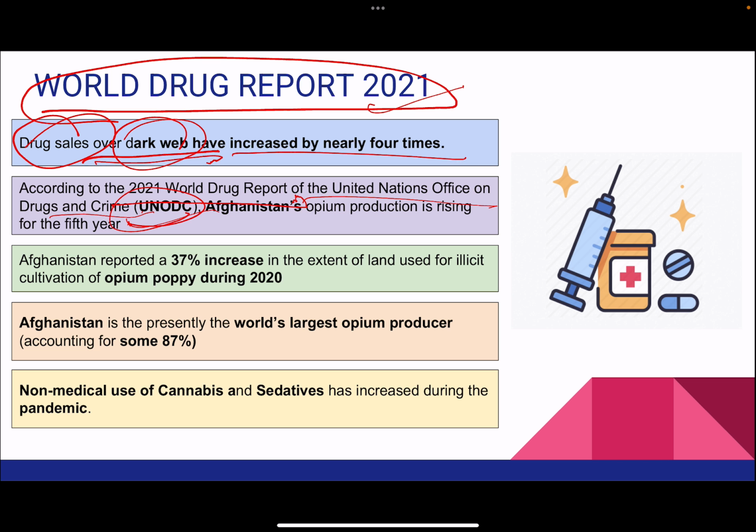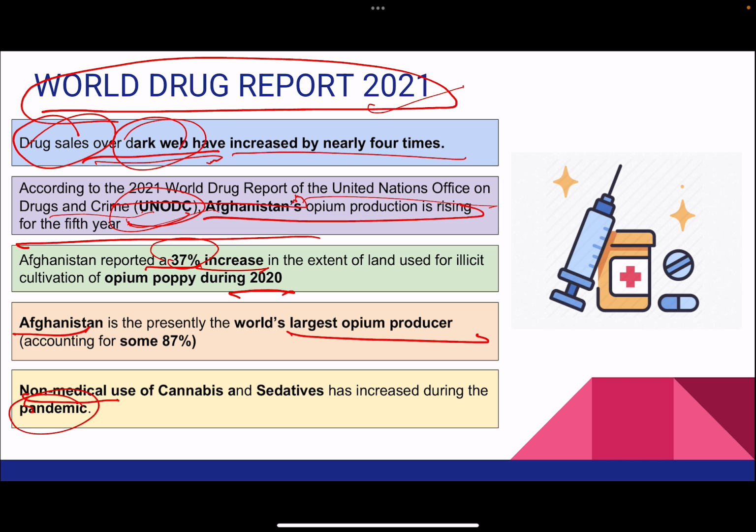Afghanistan is the largest opium producing area, and the opium produced in this area has been consistently growing over the 5 years. There has been a 37% increase in the amount of opium produced as compared to 2019. Afghanistan is the largest opium producer, and also during the pandemic, the non-medical use of cannabis and sedatives has also increased.